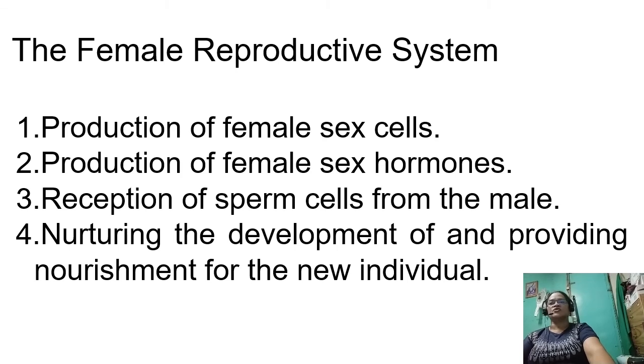It is also responsible for the production of female sex hormones, and it is a reception of the sperm cell from the male. And lastly, this is for nurturing the development of and providing nourishment for the new individual.